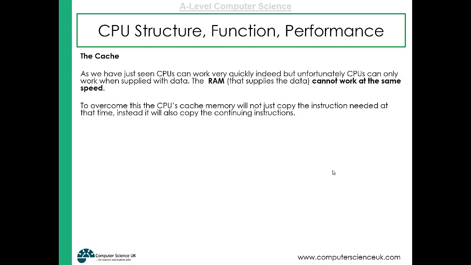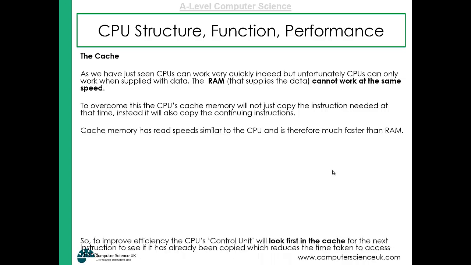It will also copy over some instructions that it might need in the future. And it might also copy some instructions that it knows it's going to need over and over again in the future. So the cache memory has read speeds similar to the CPU. It can therefore deliver instructions to the CPU as quickly as the CPU needs it, unlike the RAM, which cannot keep up with demand.